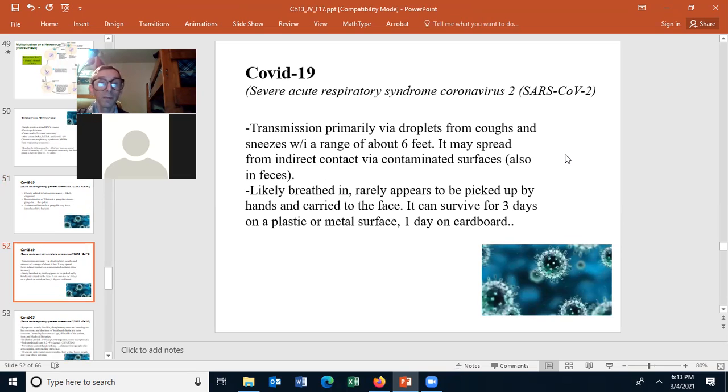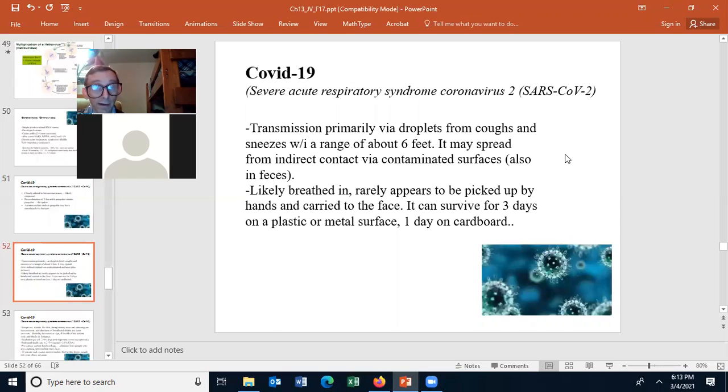All right, let's talk a little bit more about COVID-19. Transmission is primarily via droplets from coughs or sneezes within a range of about 6 feet. It may spread further than 6 feet, and I think the highest they found is maybe 12 feet, but the virus doesn't spread well if you're more than 6 feet away from someone.